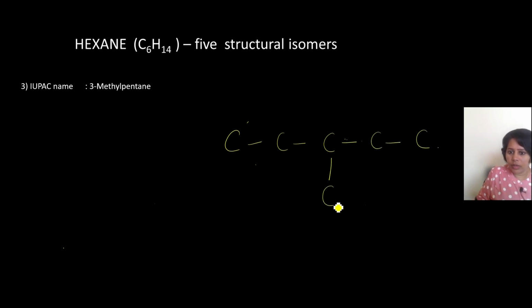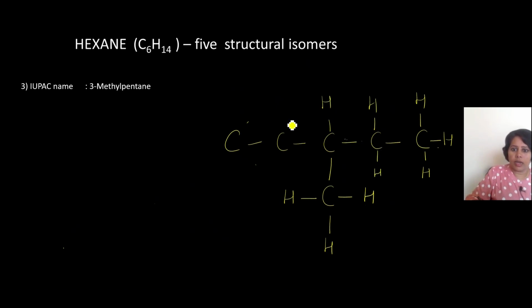And now we are putting methyl group in the third carbon atom. So total carbon 1, 2, 3, 4, 5 and 6. Carbon and hydrogen 1, 2, 3, 4, 5, 6, 7, 8, 9, 10, 11, 12, 13, 14.